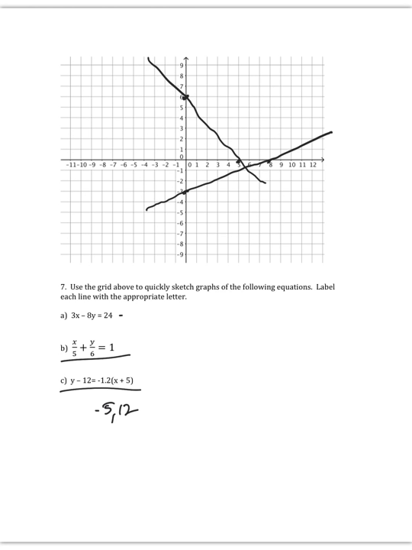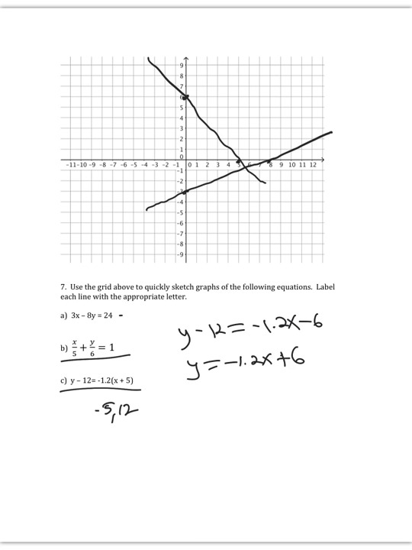All right, so let's see, when x is equal to 0, y is going to be, well, when we work this out, we'll get y minus 12 is equal to negative 1.2x minus 6, or y is equal to negative 1.2x plus 6, added 12 to both sides.